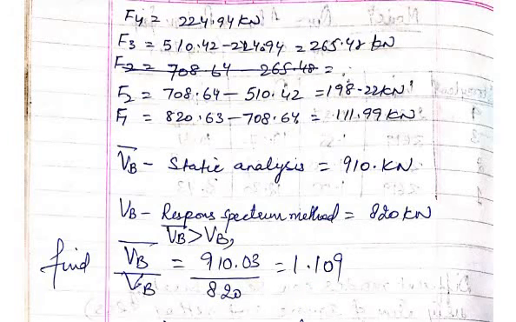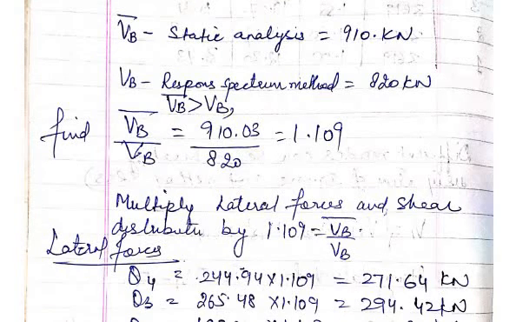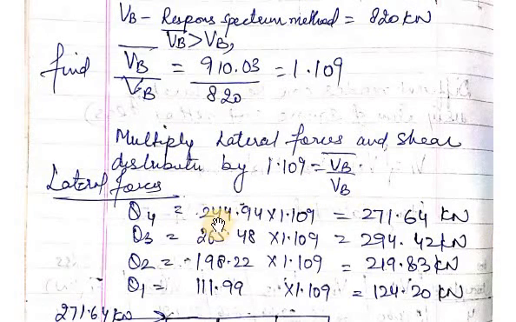It will give you the factor 1.109. Now we will multiply lateral forces and shear distribution by this factor in this way. That means your 244.94 will be multiplied by 1.109. Your new lateral force is this.